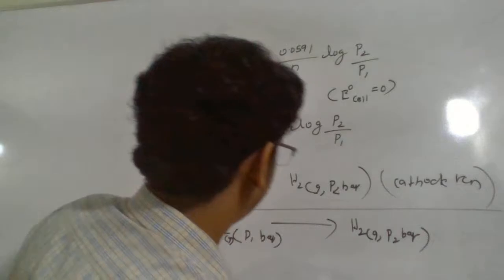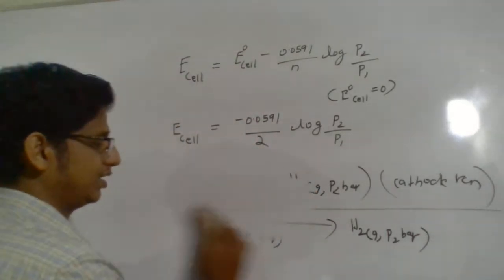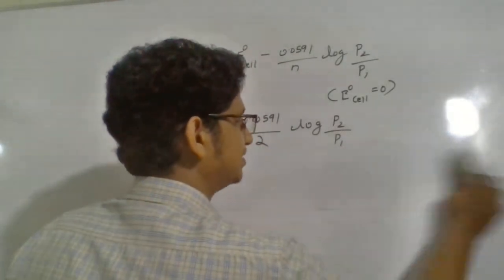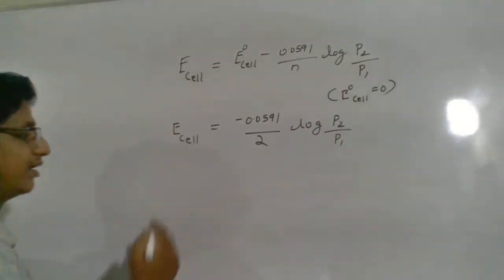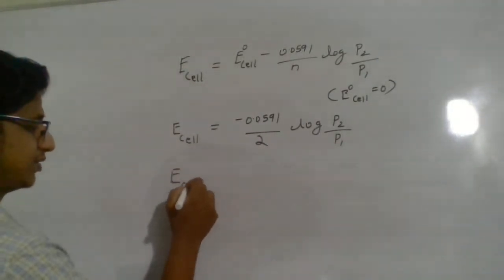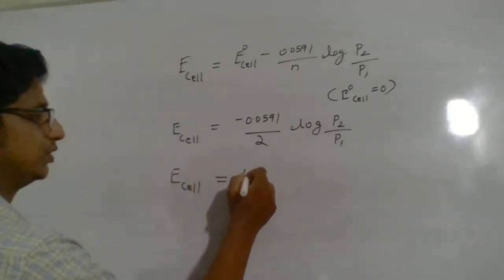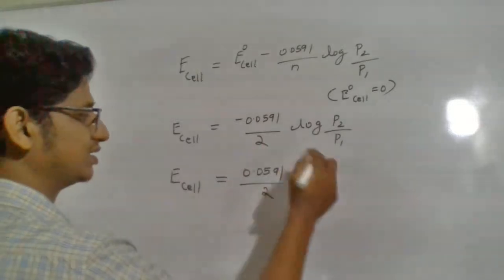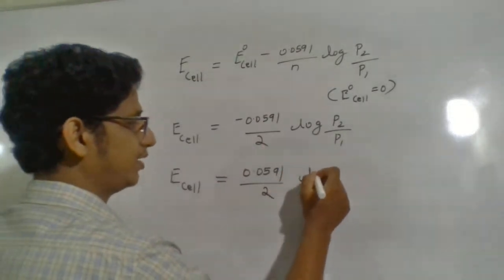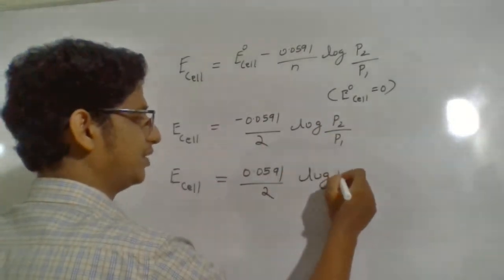Now, if you want, you can change the minus sign by reversing P1 and P2. So let us write the final equation for E cell, which is equal to 0.0591 divided by 2. I changed the minus sign, but then you have to interchange P1 and P2.